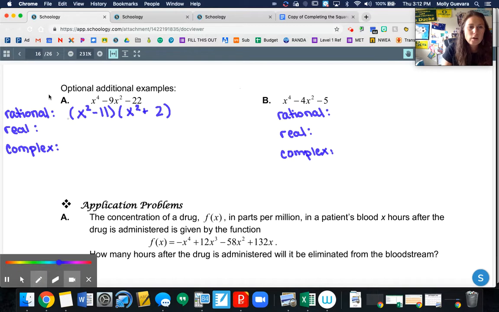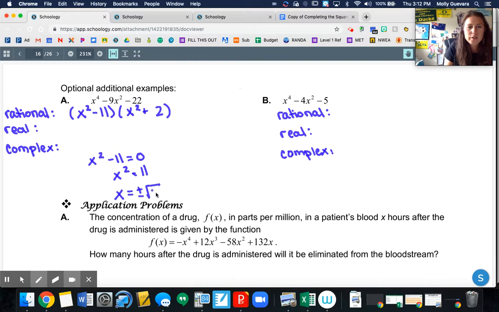Now, for the real, this first parenthesis is going to give me the real. So x squared minus 11 equals 0. Add 11, I get x squared equals 11. Square root, and I get plus or minus the square root of 11.